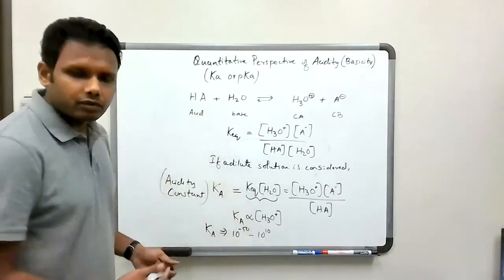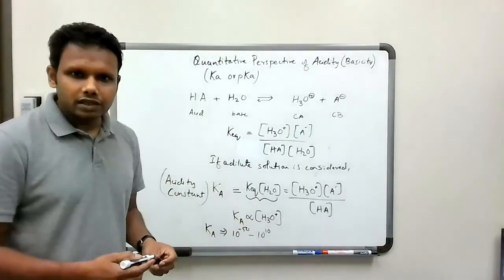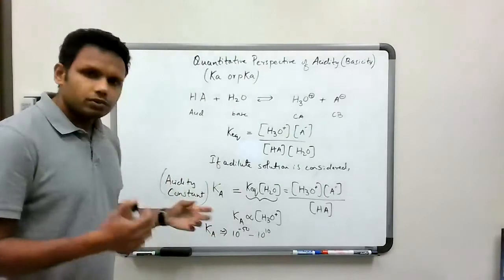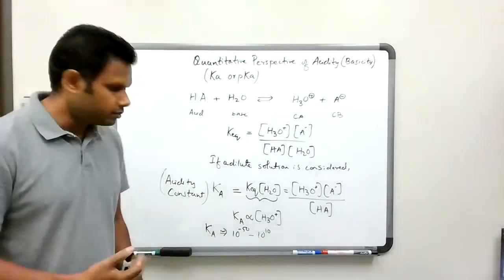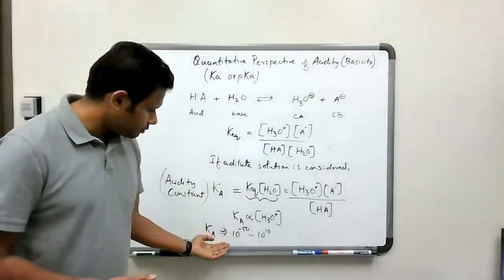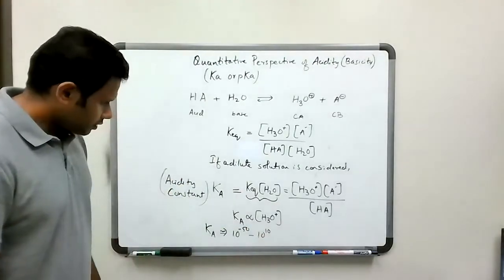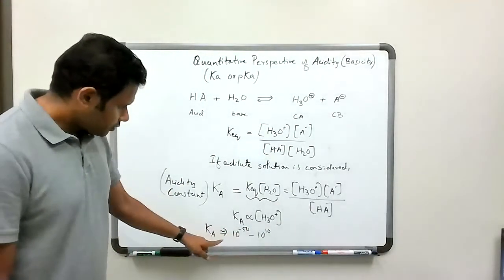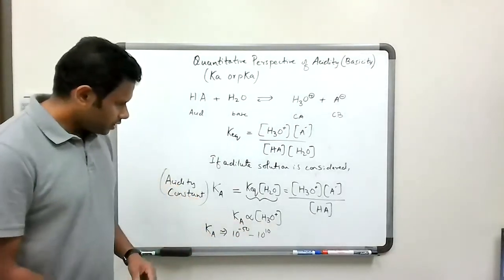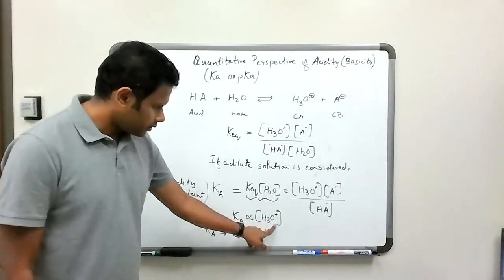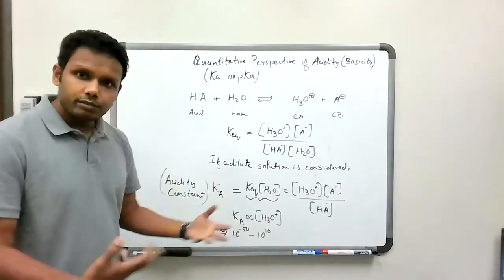In fact, even more, but I'm just giving you a range that is more relevant to the kind of molecules that we will be looking at. So it can range somewhere between 10 to the power minus 50 to 10 to the power 10.